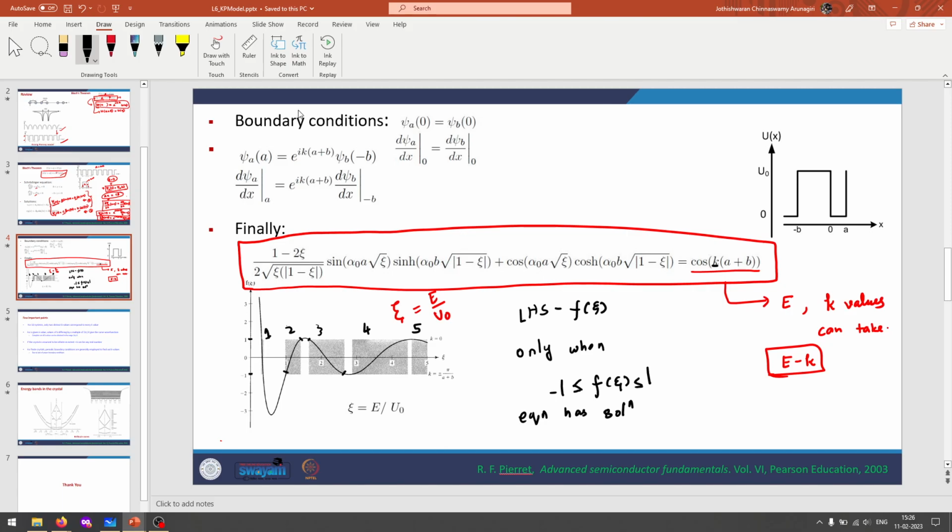So right now, in region 1, the value of f of xi is plus 1, correct, at this point? So what is the value of cos? That implies cos of k a plus b is equal to plus 1. So what is the value of the angle, that is, k times a plus b? What is that?